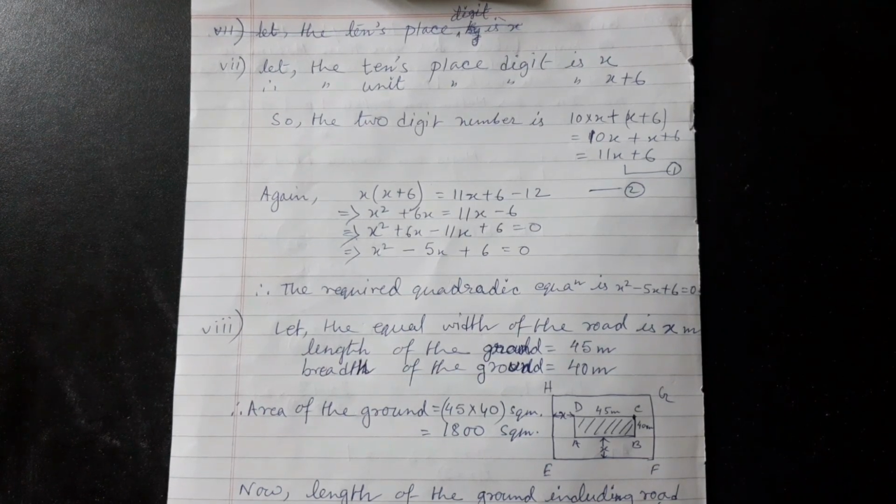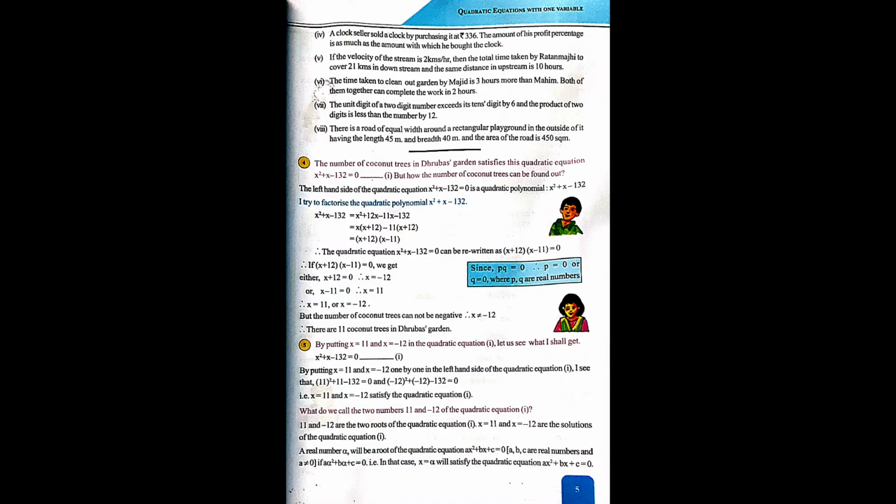Now subpart 8. There is a road of equal width around the outside of a rectangular playground, having length 45 meter and breadth 40 meter, and the area of the road is 450 square meter.